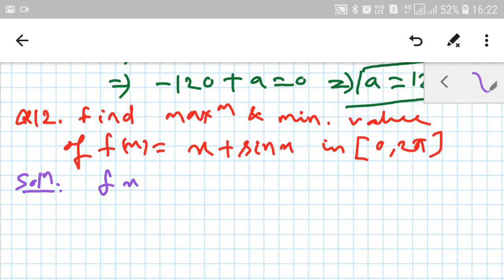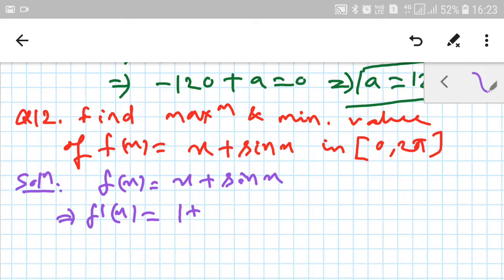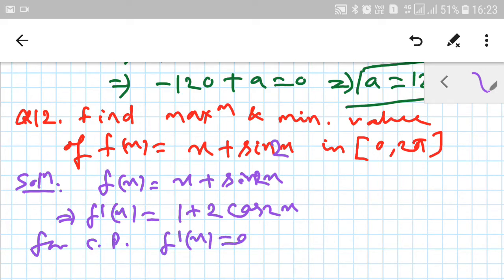It is given f of x equals x plus sin x. Then you first find f dash x. It is equal to 1 plus, this is sin 2x, students, I have written it wrong, so it is 2 cos 2x. Now for CP, f dash x equals 0.